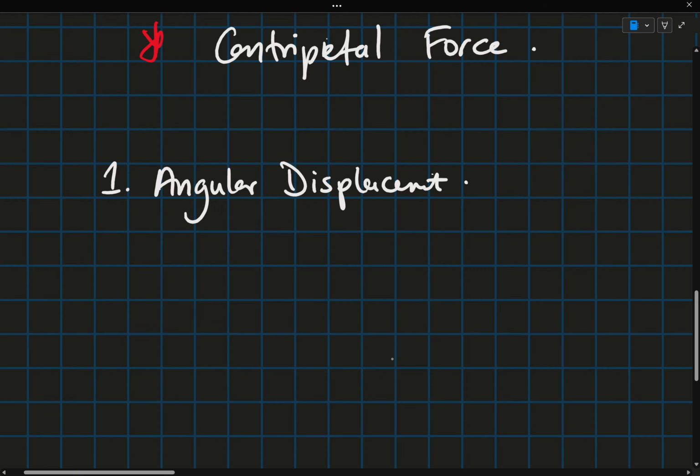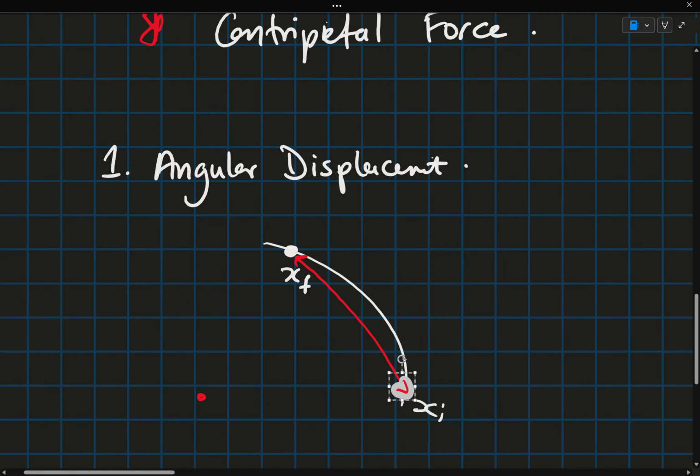If an object is moving along a curved path here, it is displaced from our initial position, let me use an X to show position, to our final position here. So it moves along this area here. Remember, every circular motion is with respect to some center of mass or center of gravity.